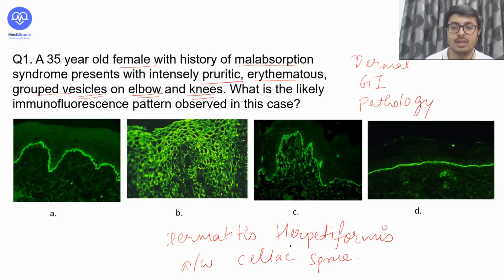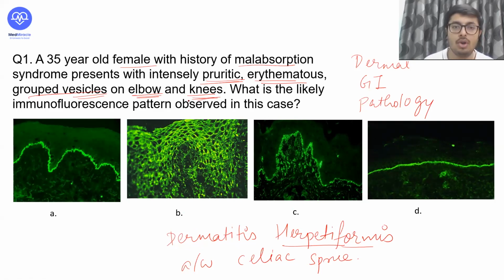In celiac sprue there is gluten sensitivity, and in dermatitis herpetiformis, as the name suggests, herpetiform means grouped vesicles. So herpes, the name herpes and the term herpetiform both are related to the grouped vesicles, right? So because this is a dermatitis having grouped vesicles, it is known as dermatitis herpetiformis. They are intensely pruritic and erythematous and mainly involve the extensor aspects of the limbs.